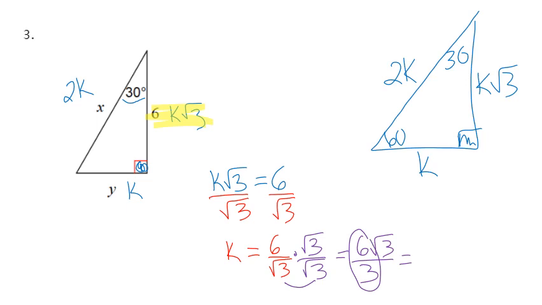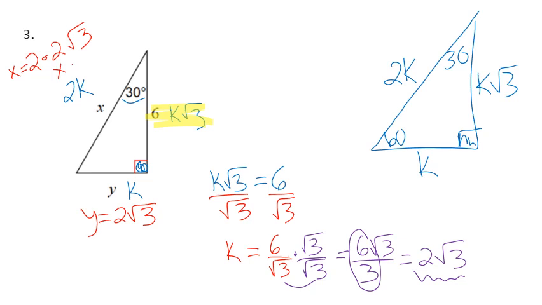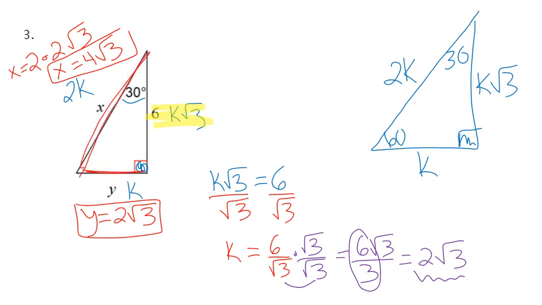And then this is 2 radical 3, so that's our scale factor. And now you would just substitute that in. So y would be 2 radical 3, and then x is 2 times 2 radical 3, which is 4 radical 3. And those would be the two lengths for the sides of the triangle.